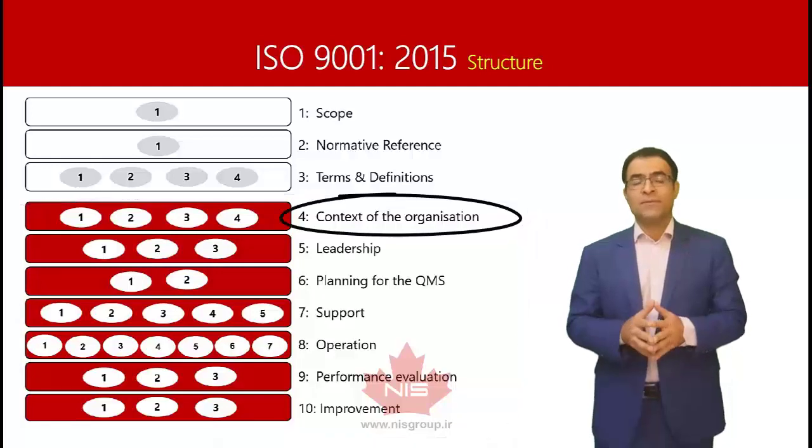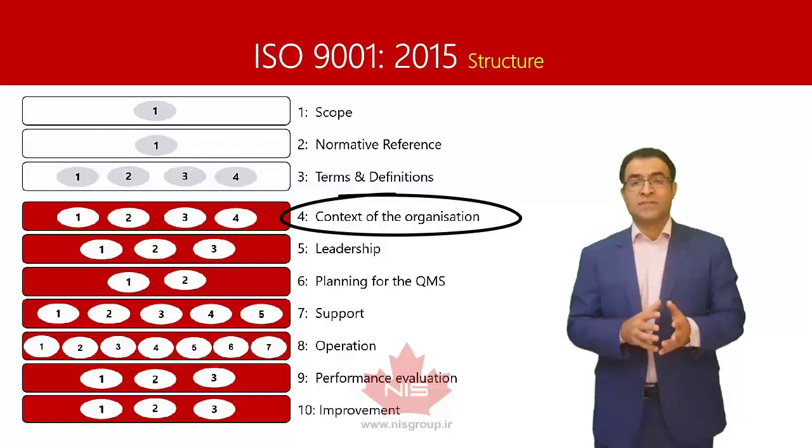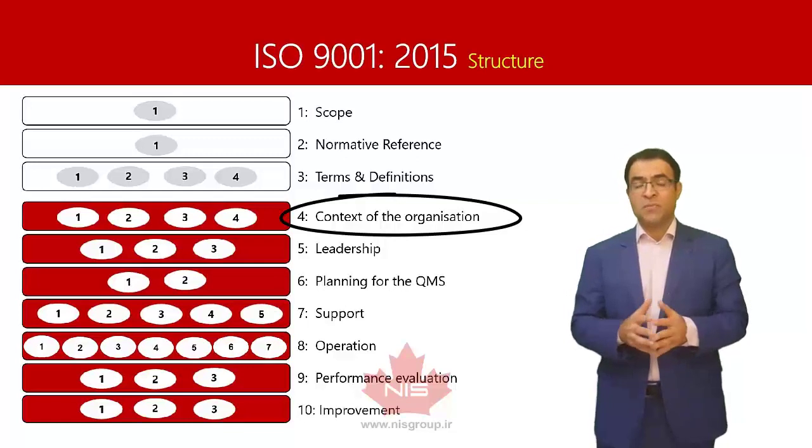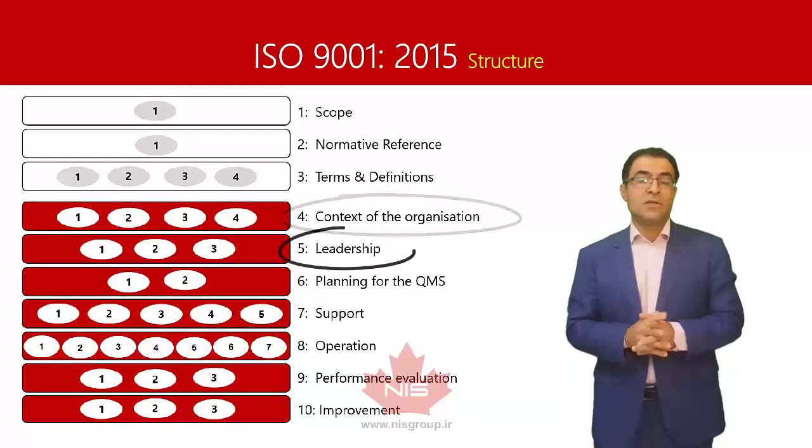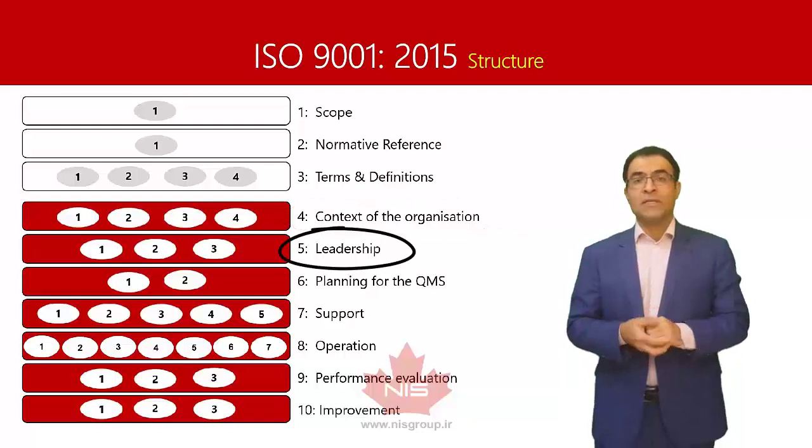In clause 4, we will be talking about context of the organization, interested parties, needs and expectations, QMS scope, what a management system is, what processes should be identified, how they should be managed, and things like this. In clause 5, we will be talking about leadership.